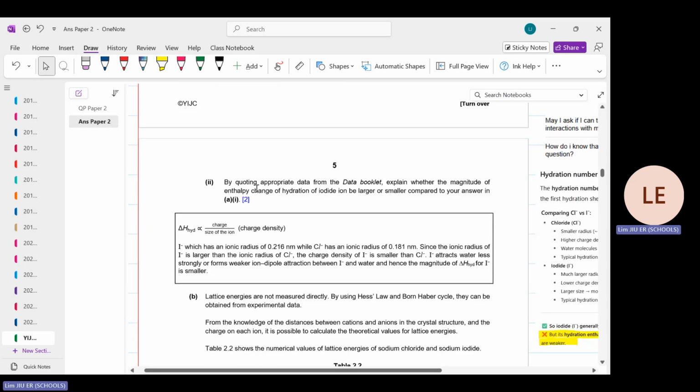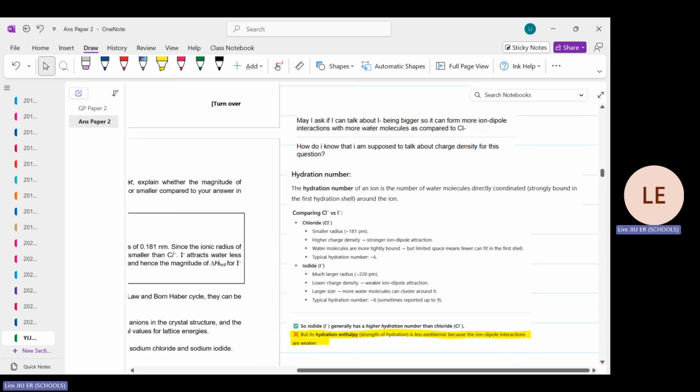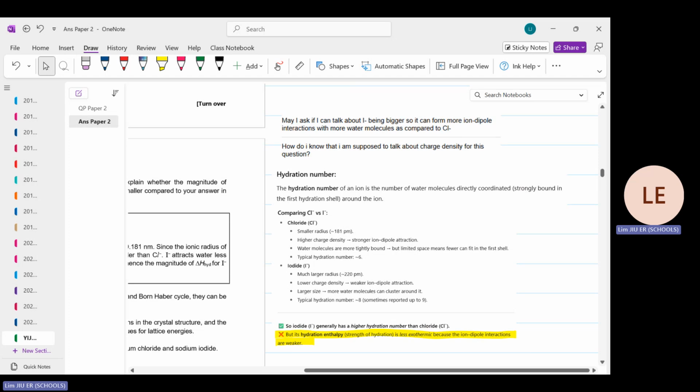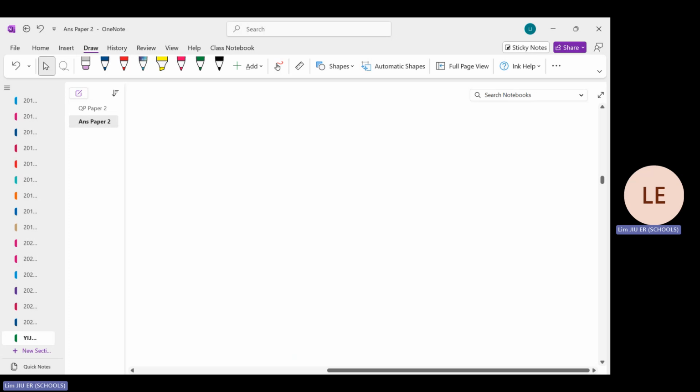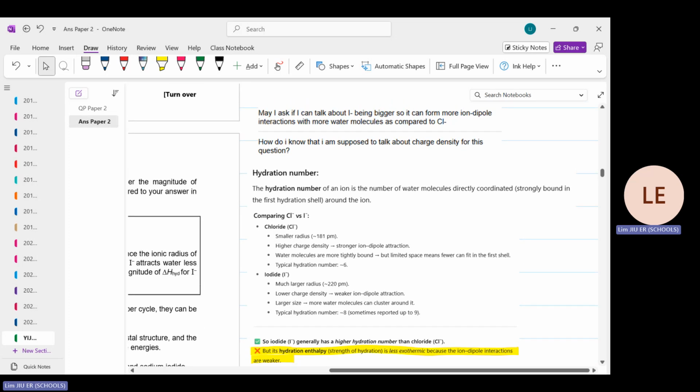2A2 is talking about the hydration energy. The question being asked is, may I talk about I minus being bigger so it can form ion-dipole interaction with water molecules as compared to Cl minus? Then the next question is, how do I know that I'm supposed to talk about charge density? I think this student probably went to ChatGPT and found out that the hydration number for I minus is different.